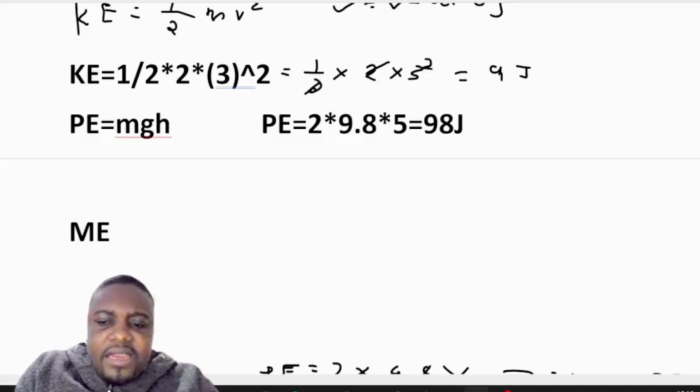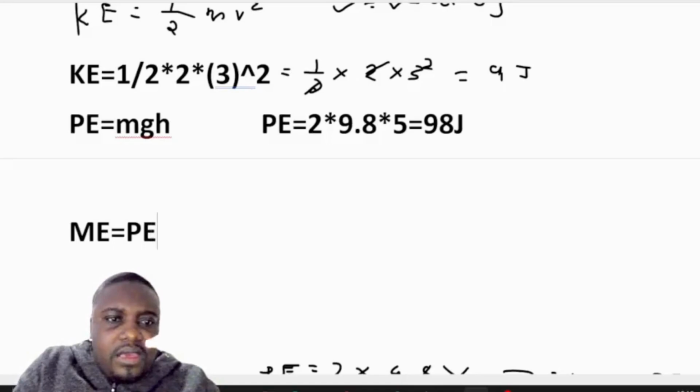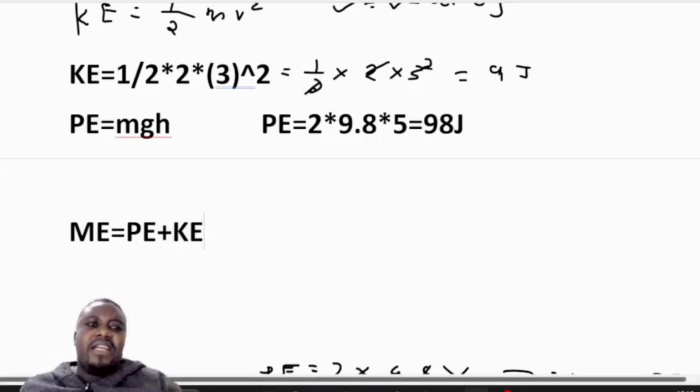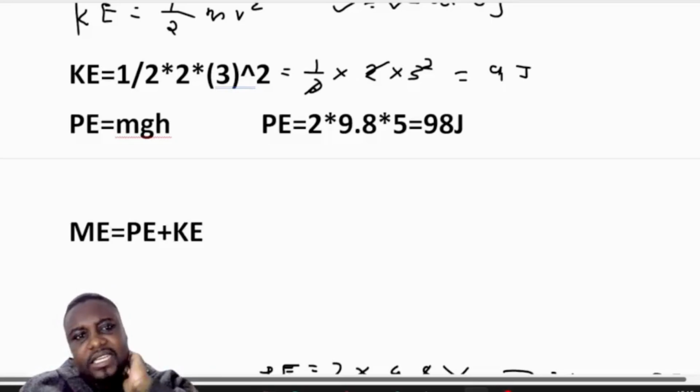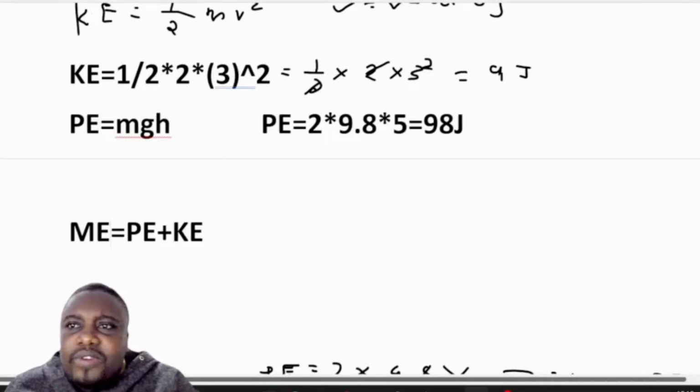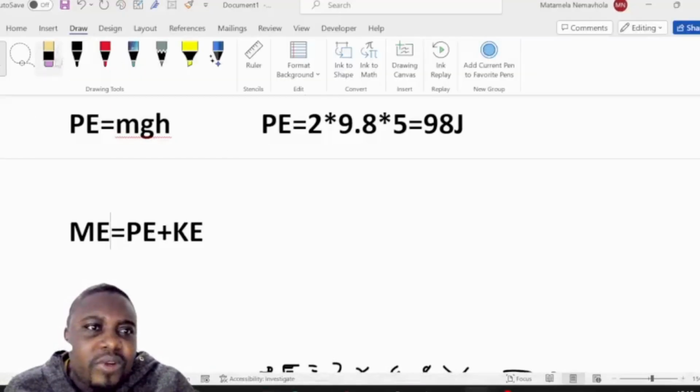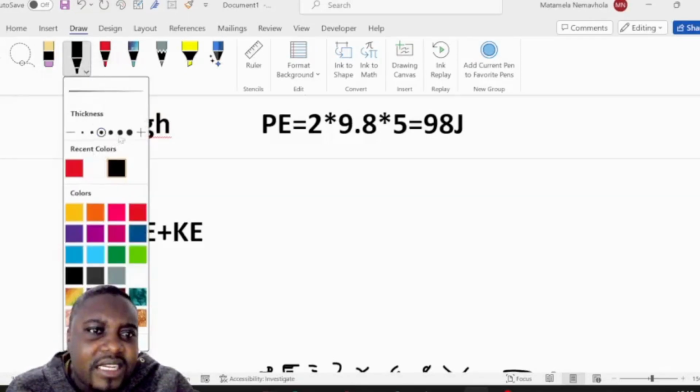The ME, mechanical energy at A, is going to be equal to PE plus KE. So mechanical energy at A is potential energy plus kinetic energy. In a good writing, when you say mechanical energy, you can say the mechanical energy at A.